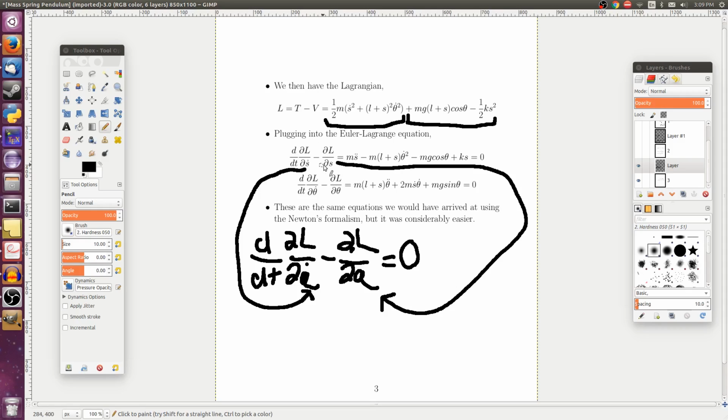So whenever we take the appropriate derivatives, we get these coupled nonlinear differential equations. Now, I stated that the Lagrange method was easier, and what I mean by that is that it's easier to get the differential equations of motion.